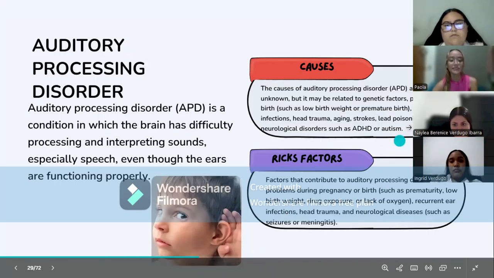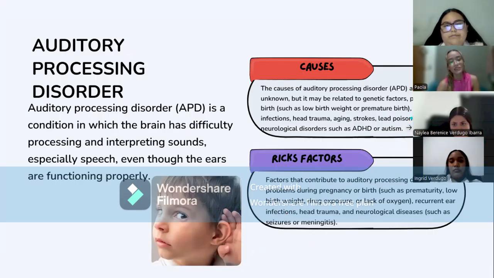Auditory processing disorder. Auditory processing disorder, APD, is a condition in which the brain has difficulty processing and interpreting sounds, especially speech, even though the ears are functioning properly.